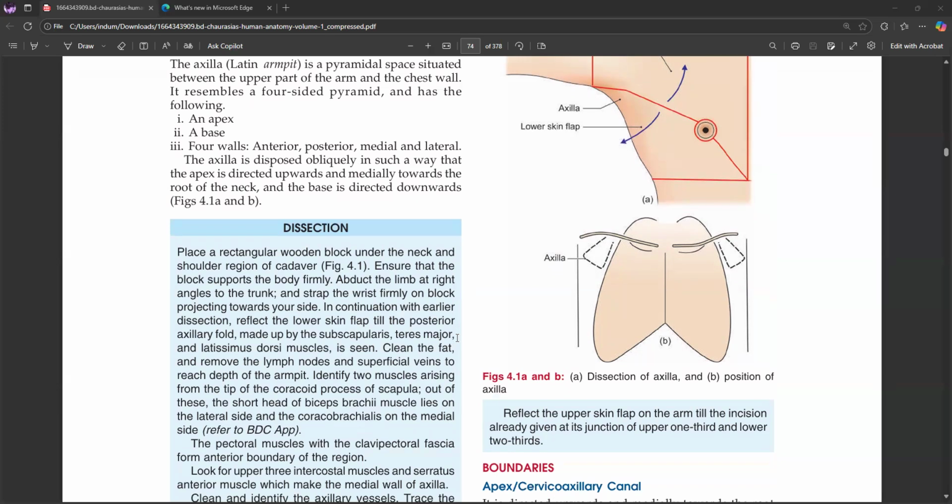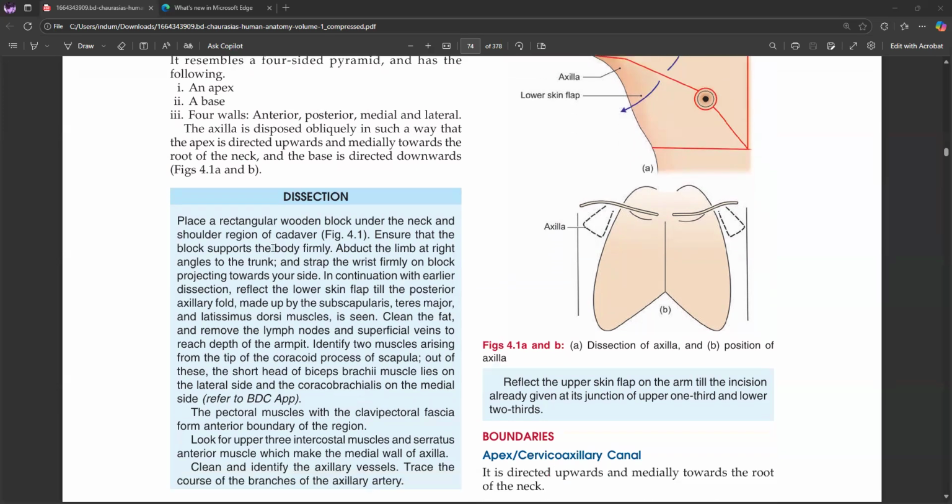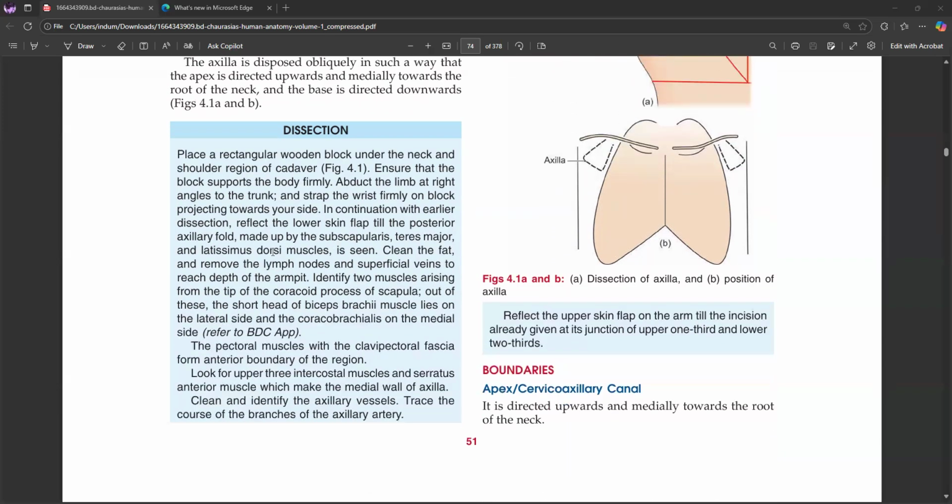Figures 4.1a and b. Dissection. Place a rectangular wooden block under the neck and shoulder region of the cadaver, figure 4.1. Ensure that the block supports the body firmly. Abduct the limb at right angles to the trunk and strap the wrist firmly on the block projecting towards your side.